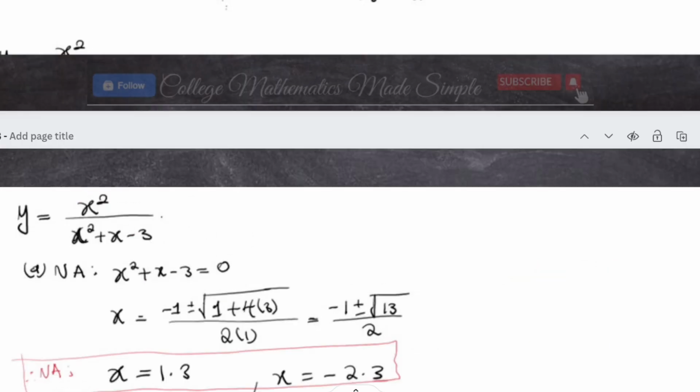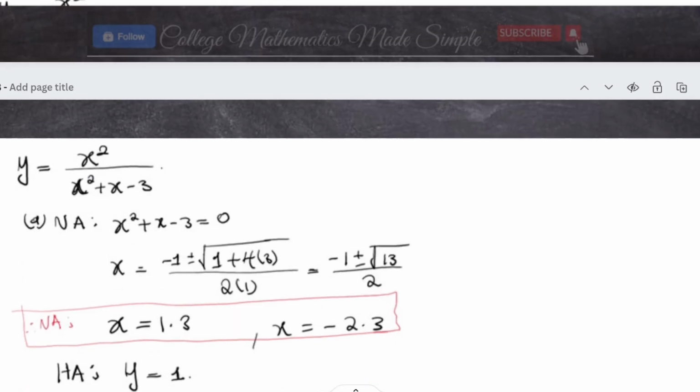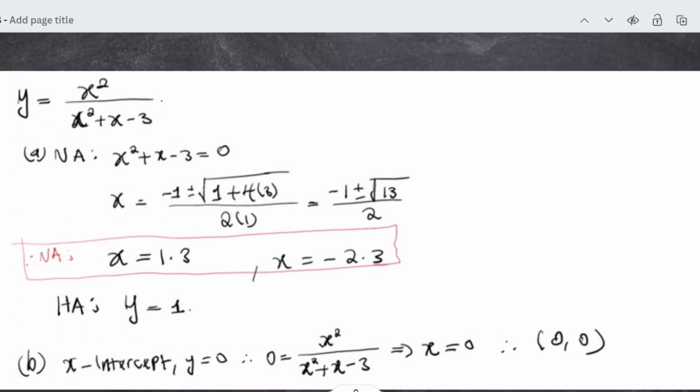The next case is interesting. So you have y is equal to x squared over x squared plus x minus 3. So for the vertical asymptote, again equate the denominator to 0, and this is not factorizable, so we use the quadratic formula. x is equal to 1.3 and x is negative 2.3.